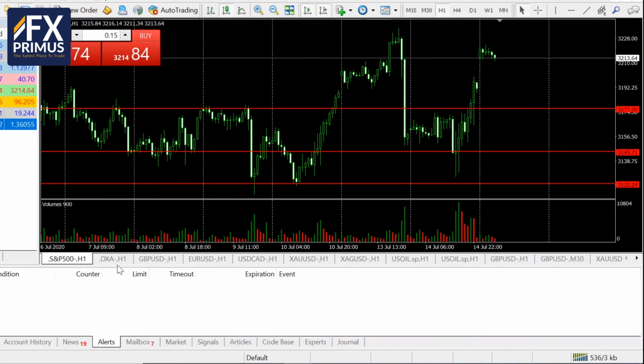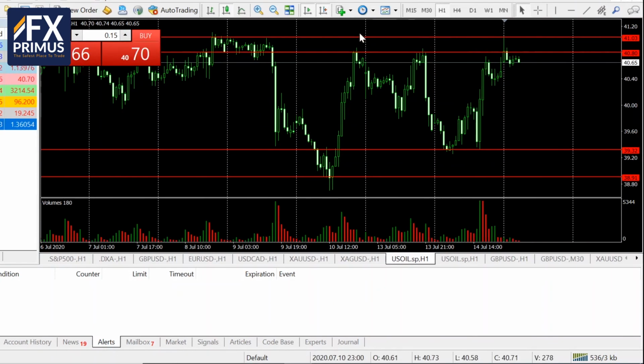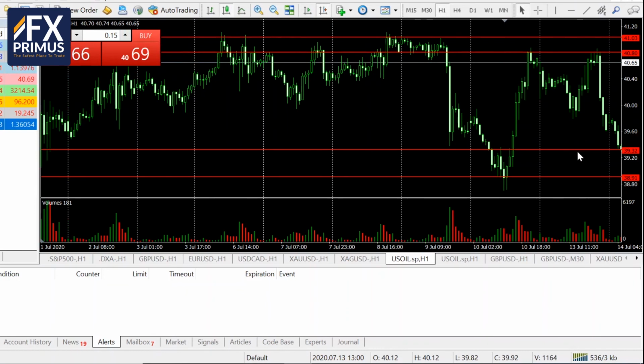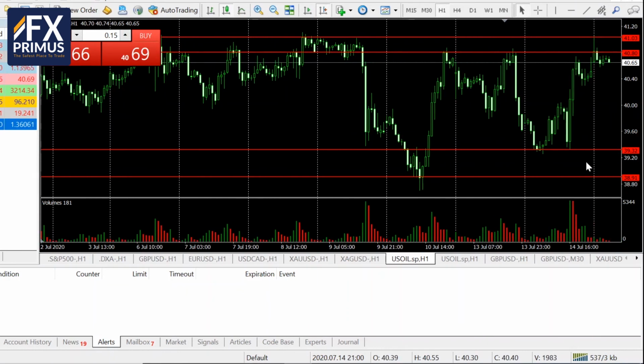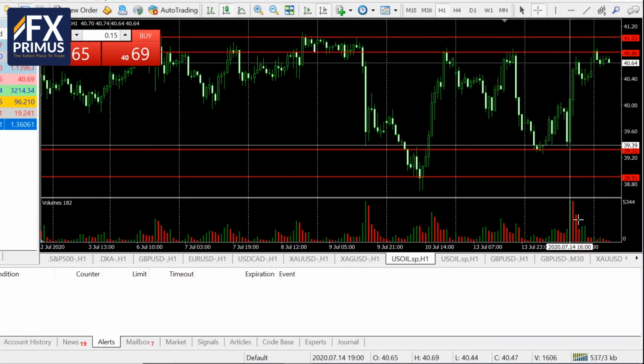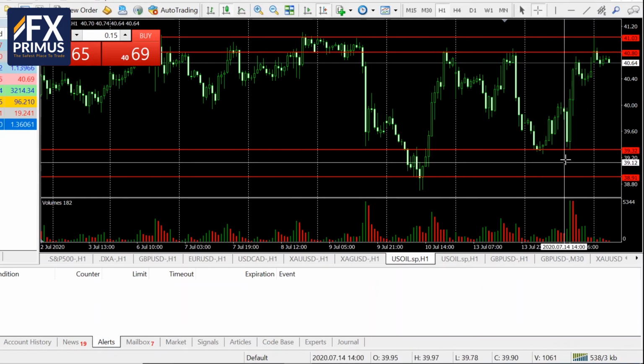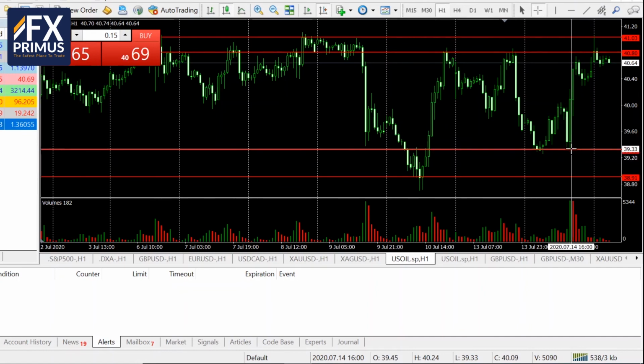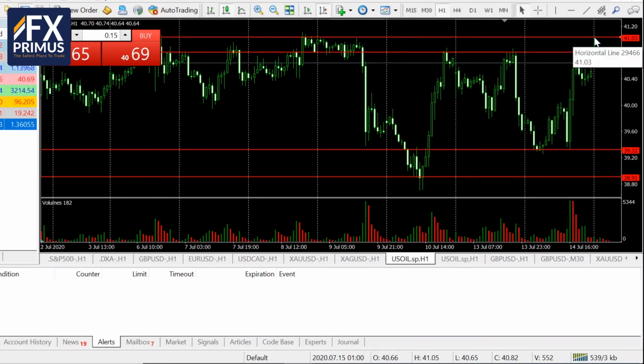Okay, Tuesday morning. So oil prices again found very nice support at $39.32, and then at about 16 plus 5, 21, 9 p.m. local Singapore and Malaysia time, oil prices moved up from $39.33 and again tested this first resistance here at $40.80, and the second one here at $41.